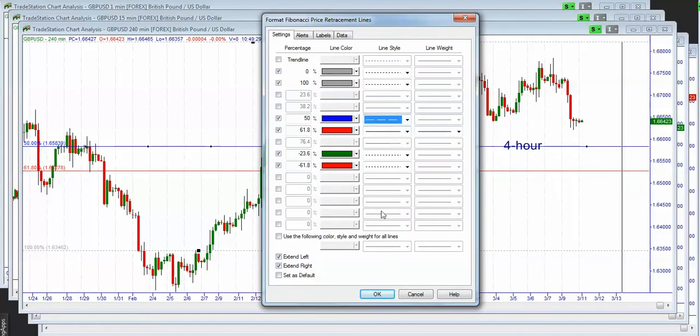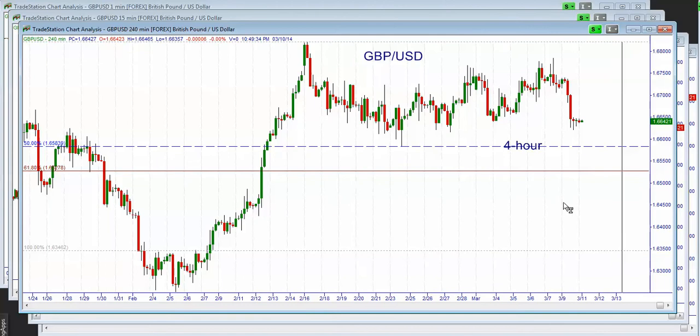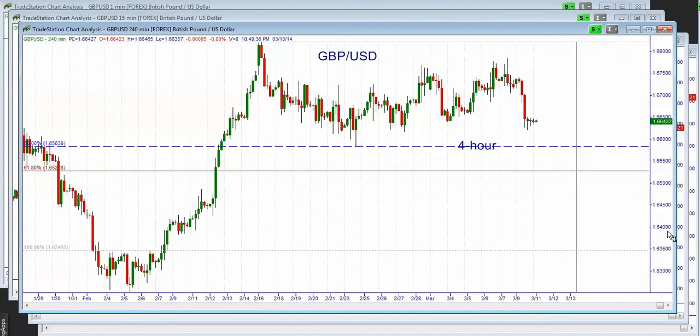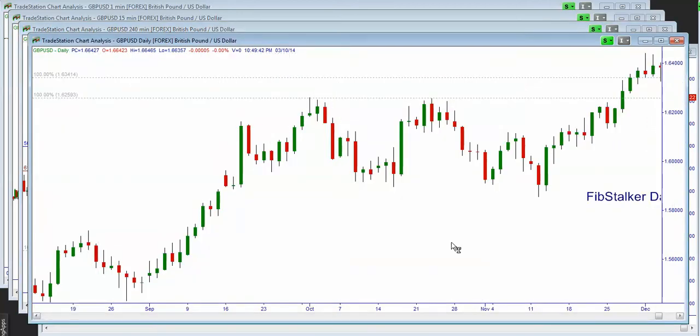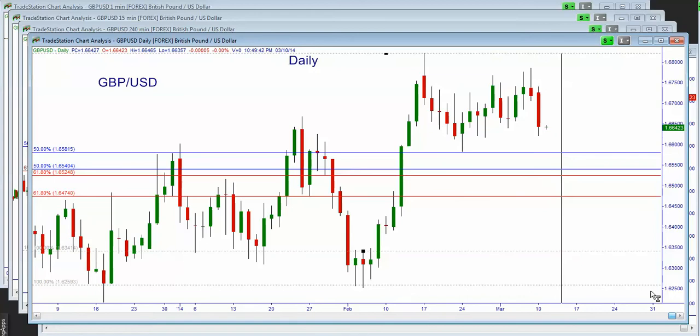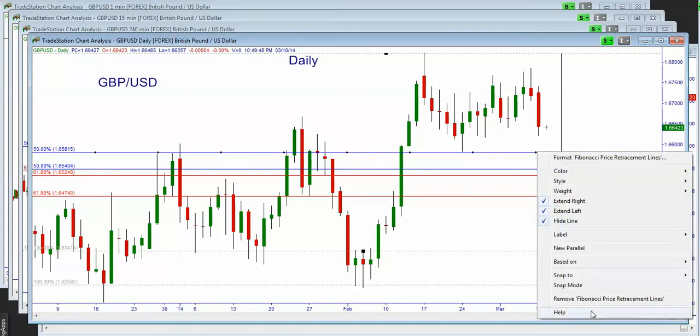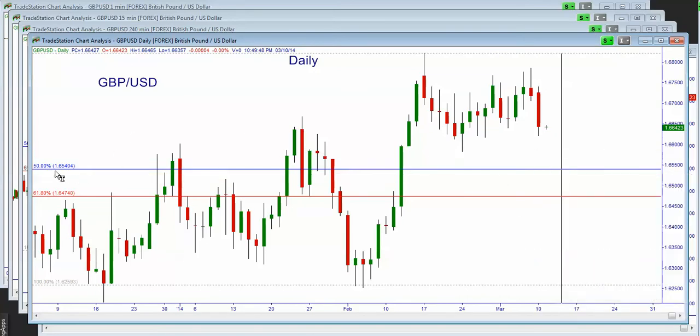So what I'll do, I'll change color codes here, and 165.26 is the level of failure for this market, in which case you're going to see a retest of that wider support 165.40.